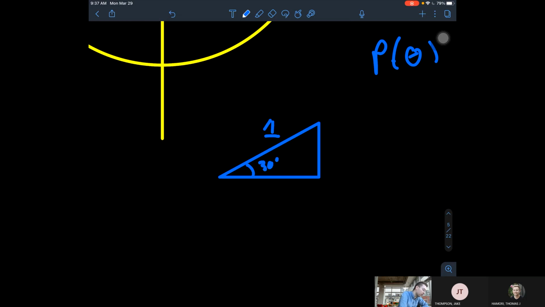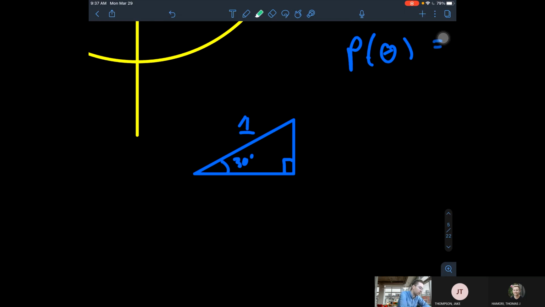This angle is 30 degrees. This angle is 90 degrees. Can you tell me what are the lengths of these two sides? What is 60? The length of this side is 60 units?